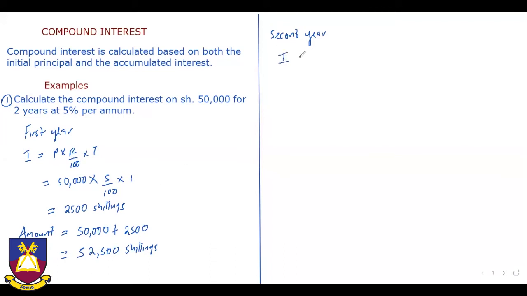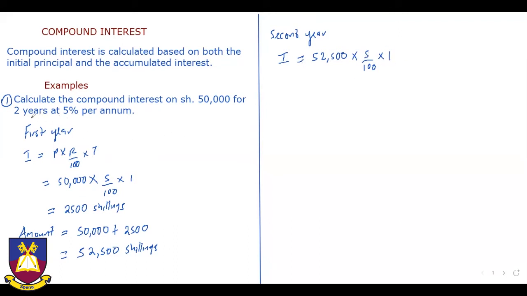Simple interest is equal to the principal. The new principal is 52,500 times the rate, which is still 5 over 100. The time is still 1. Don't confuse it with the second year. Here we're still doing 1 year only. So the time is 1.